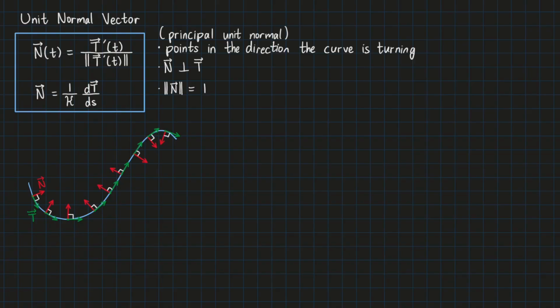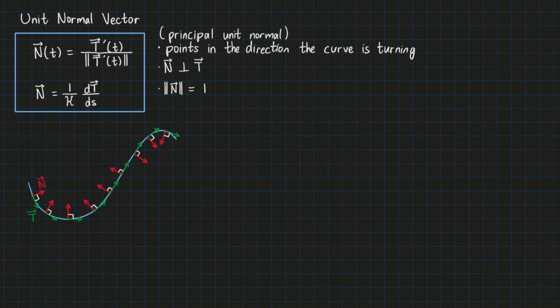So the formula for the unit normal vector N is T prime of t over its magnitude. N is orthogonal to T, and remember from earlier we found how T is orthogonal to its own derivative, T prime. We divide T prime by its magnitude to get a unit vector. That's where this comes from.